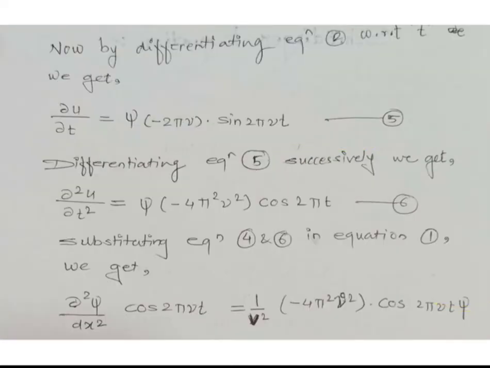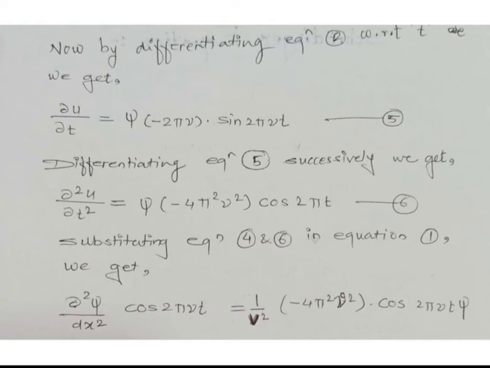Del square psi divided by del x square into cos 2 pi nu t is equal to 1 upon v square, where v is the velocity and nu is the frequency. These two terms are different, that's why I have highlighted v here. In the bracket, minus 4 pi square nu square into cos 2 pi nu t into psi. This psi as it is, is the work function. So this is our new equation.